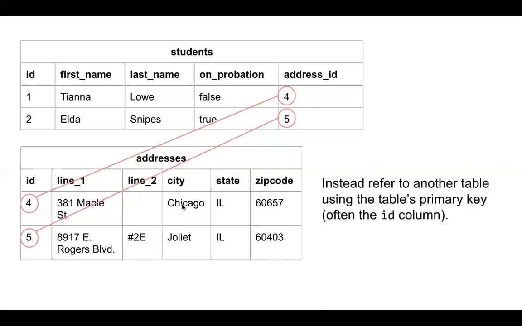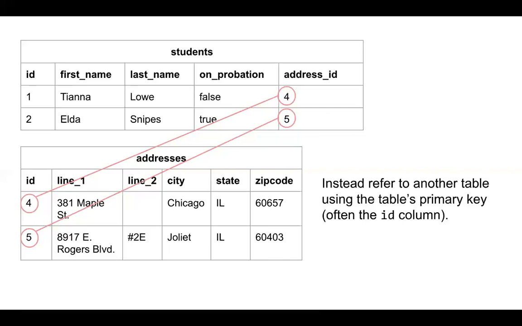Okay. And if you wanted a list of the students who live in Chicago, then you would say from students, list all entries where address, or what would that look like? So it looks something like select all from students where student.address, or you do a join.